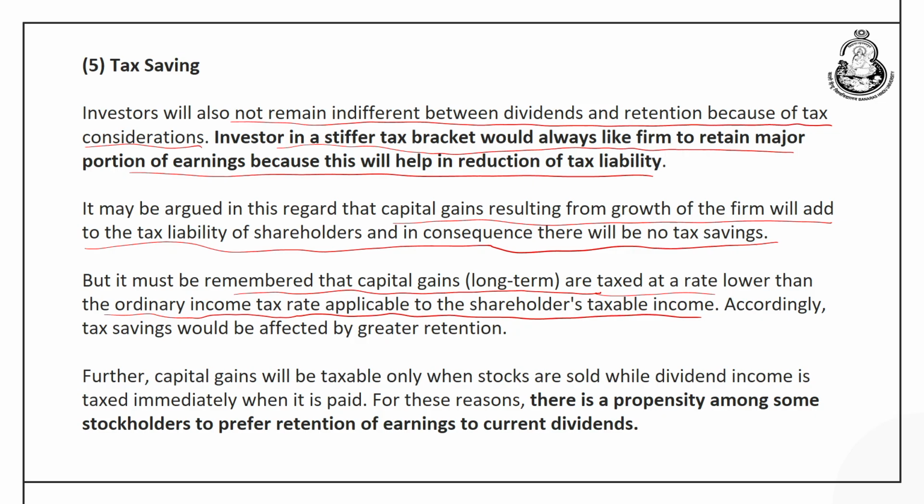So, that means there is a difference in the tax liability for the investors. Further, capital gain tax would also be liable when the stocks are sold, while dividend income is taxed immediately when it is paid.